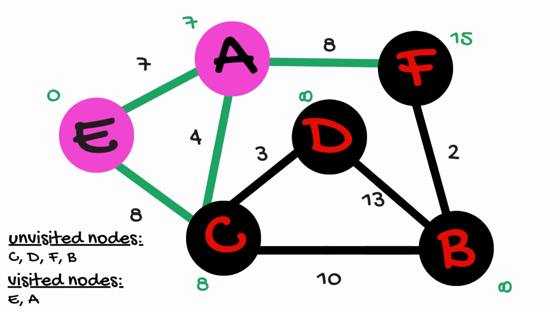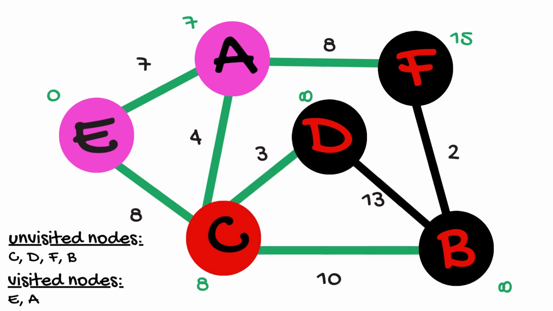Then we continue on and we kind of repeat the process. We go to the next node that is unvisited and has the shortest distance. So this node is now C. Here we can update the distances of two nodes, D and B, as the distance from node E to D and B via C is a lot shorter than infinity.